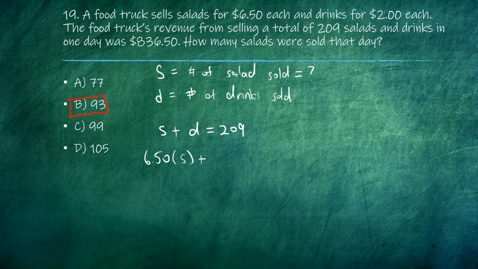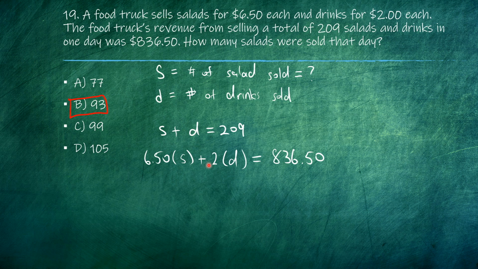So the revenue from selling drinks is 2 times D. And the total revenue of salad and drink is $836.50. So now we have two equations and two variables, but we just need to find what S is.